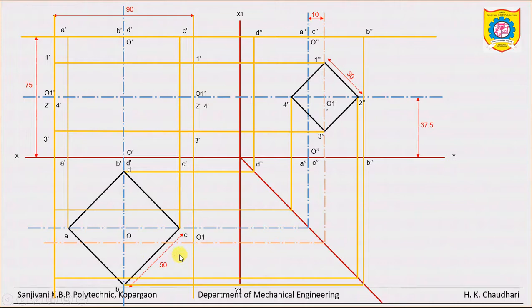So label the points O1, O1. This red color line, that is the axis. See here, the projection from 1 is overlapping with this center line.